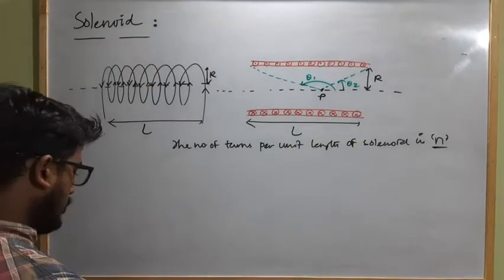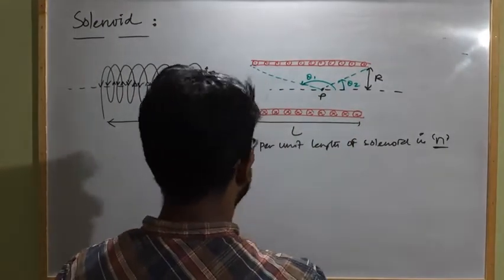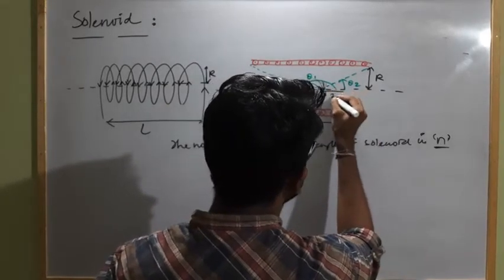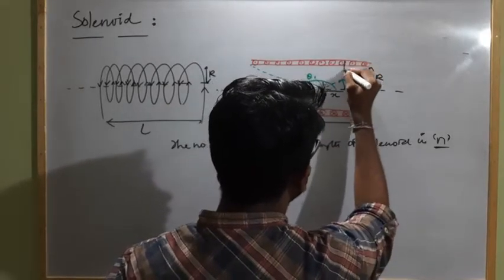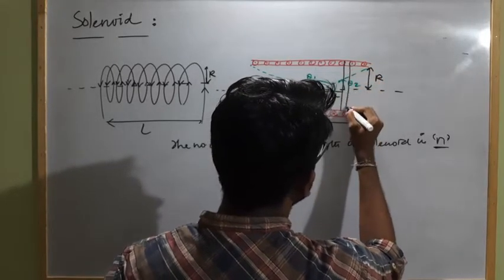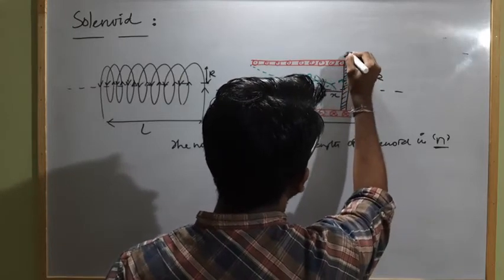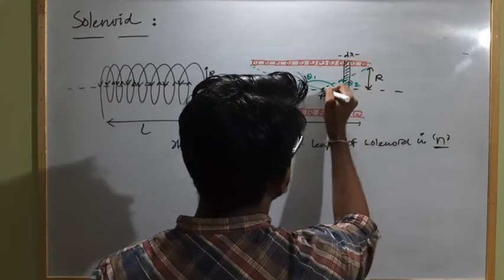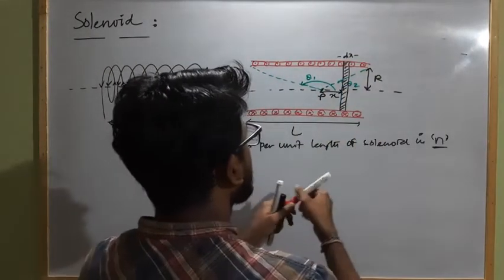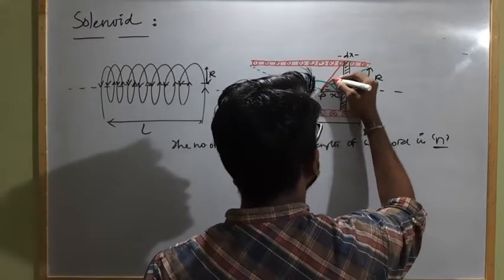So at this point P we have to find out the net magnetic field strength due to this solenoid. So let us assume that at a distance x from this point I am assuming a small strip of thickness dx. This thickness is dx and this distance is x. This thickness dx will be at an angle theta with d theta.